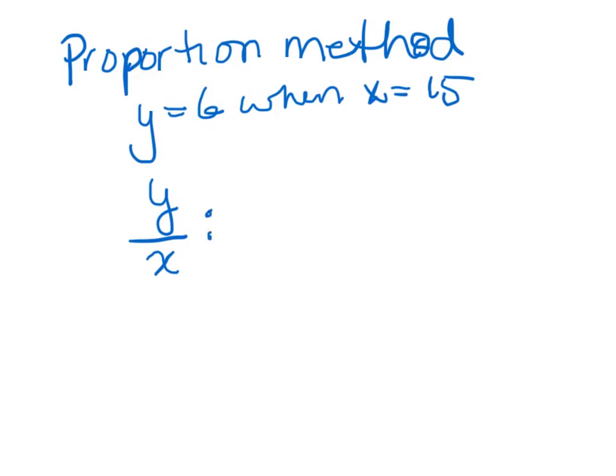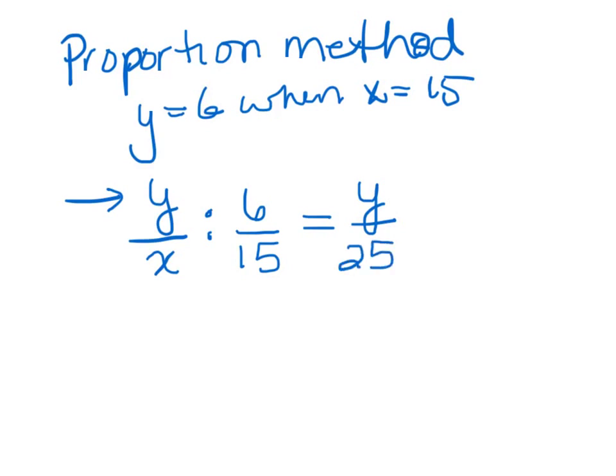I like to write down y over x so I know which variable I'm putting where, top or bottom. So in this case I've got 6 over 15 is equal to, they want us to find y, so that'll be on the top because y is always on the top here. And they told me x was 25, and I have set up a proportion.